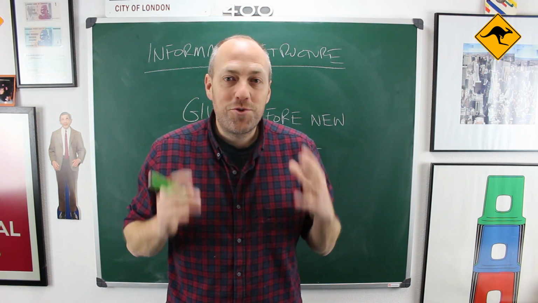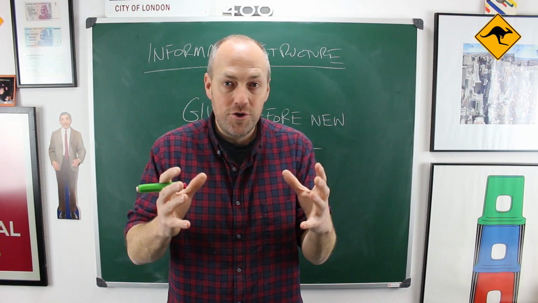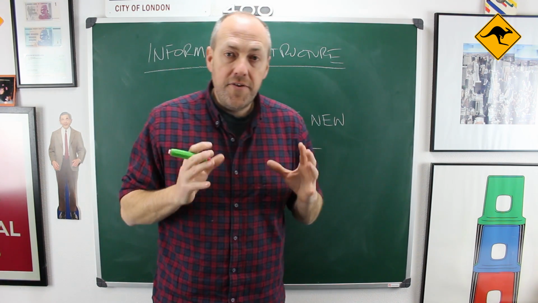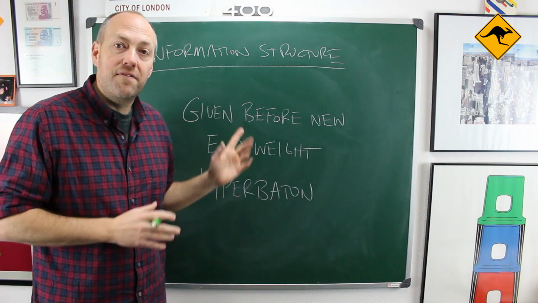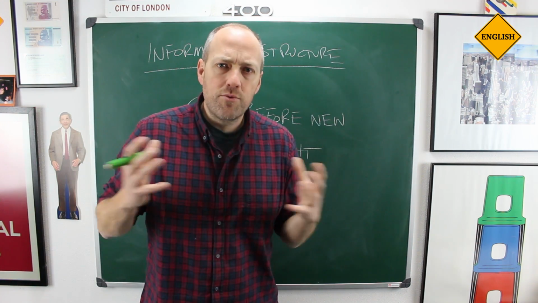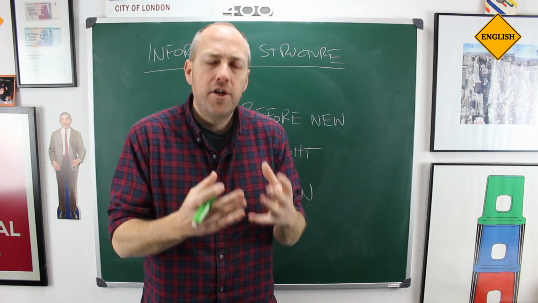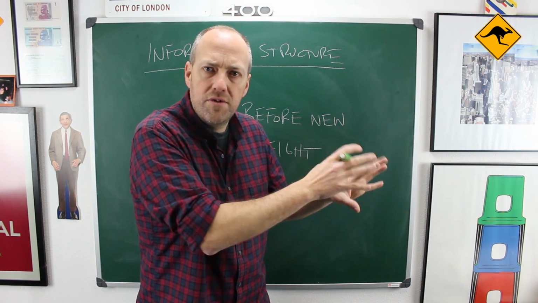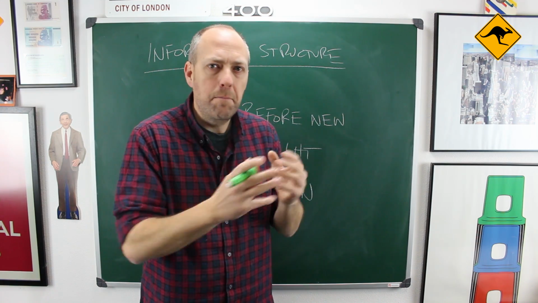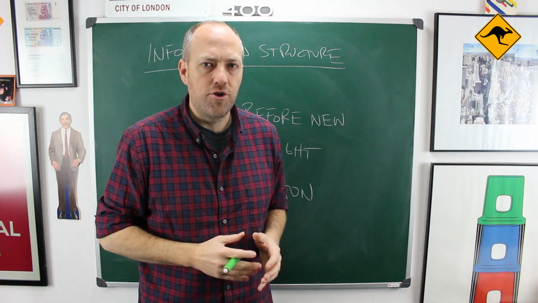When you structure your sentences in English, there are three important things to consider. The first one is the principle of given before new, which means that in general, we prefer to put old information, things that we know about, before new information.